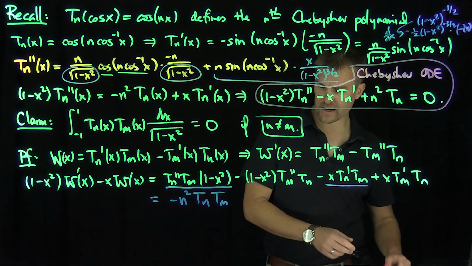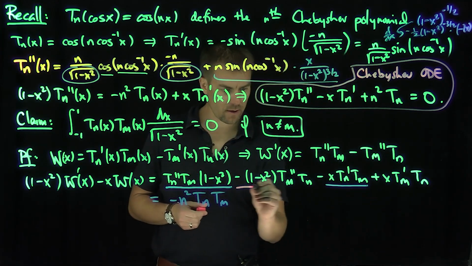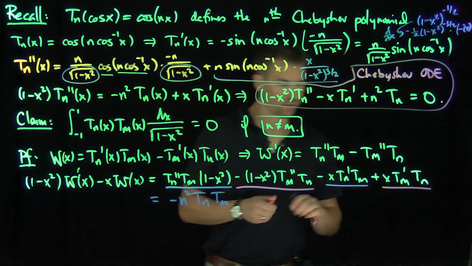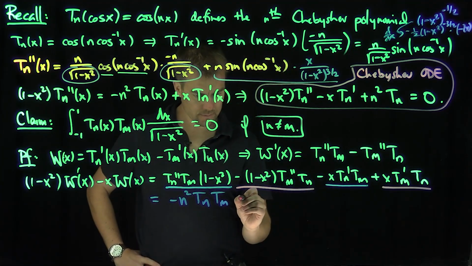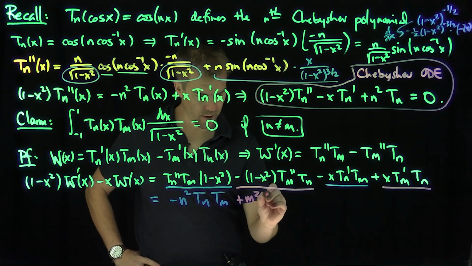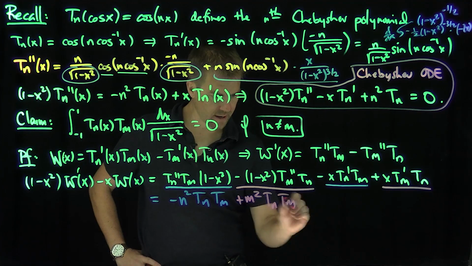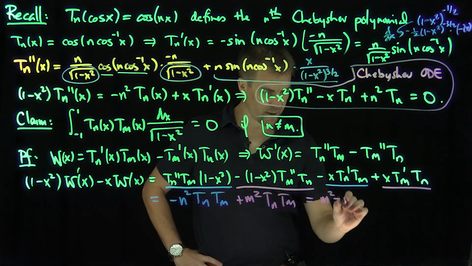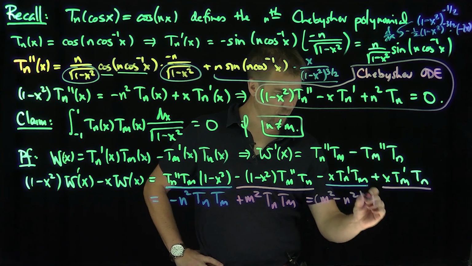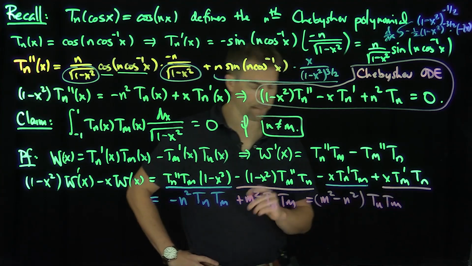If I pull a negative sign out from those terms, I will have a positive m squared tn tm, like that. And so altogether, this gives me an m squared minus n squared, which is non-zero, tn tm, okay?